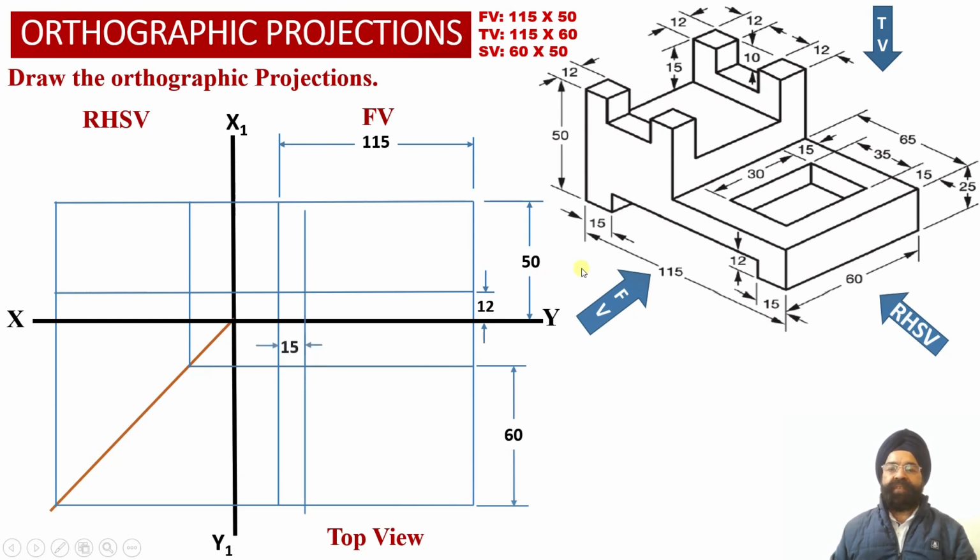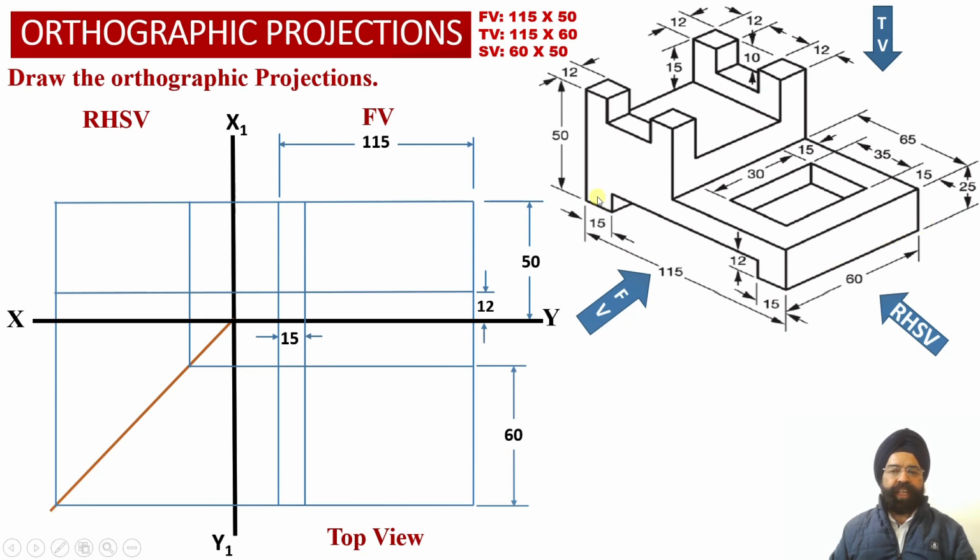Similarly, next we know that in this element number 1, after the cutting of this rectangular slot, we have been provided with the width of the leg of the solid on the left hand side. Again, this width of 15 millimeter of the second leg of the solid is available on the right hand side of the solid.